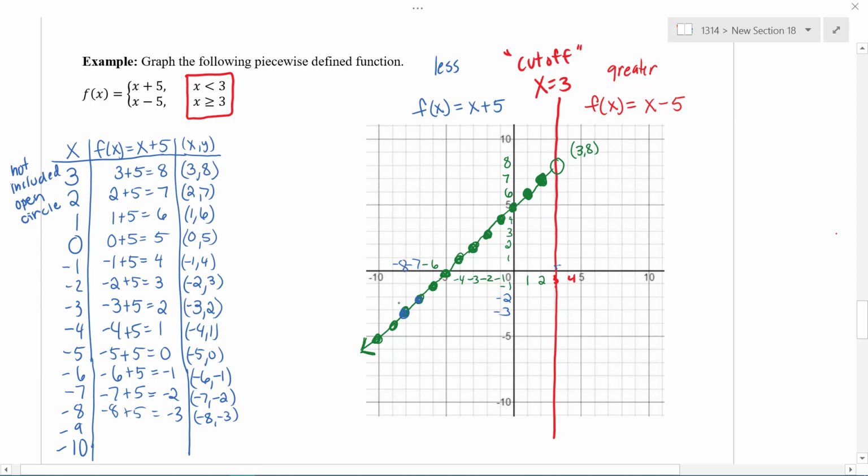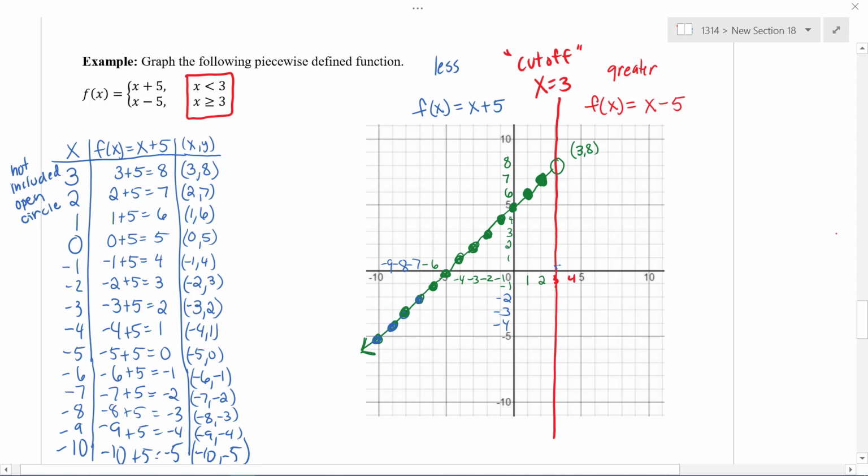So we got that point, which is good. Negative 9 plus 5, we get a negative 4. So that's negative 9 comma negative 4. So that would be right here. And then a negative 10 plus 5 will give us a negative 5. So negative 10 comma negative 5. Okay, that would be right here.